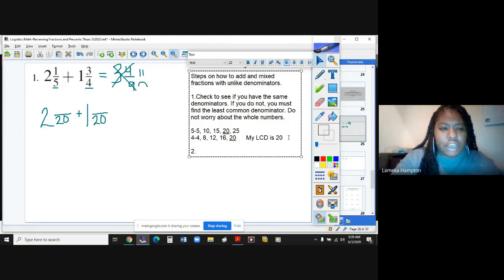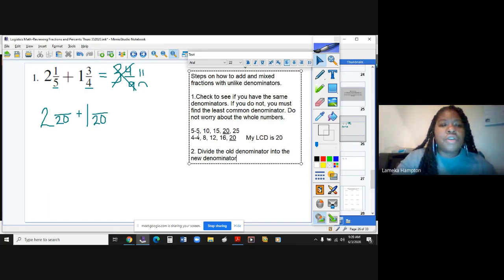Okay, now my next step, step 2. You are now going to divide the new denominator by the old denominator. Normally up here I write old, but this is the old denominator, which is 5, and our new denominator, which is 20. So 20 divided by 5 gives me 4. Okay?